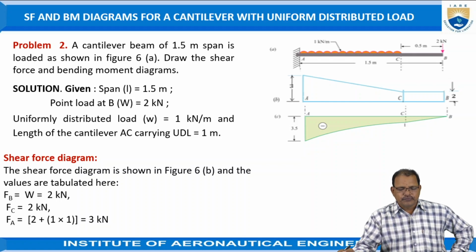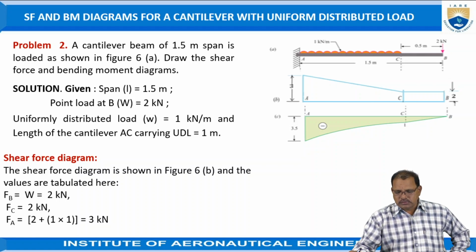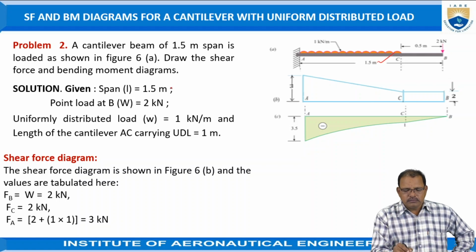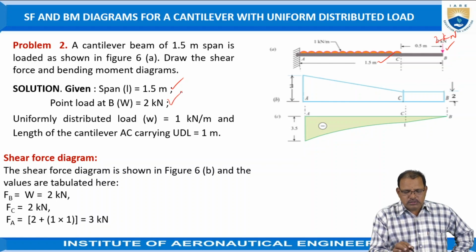One more problem. A cantilever beam of 1.5 meters span is loaded as shown in figure 6a. Draw the shear force and bending moment diagrams. The given data in the problem is the length of the span is equal to 1.5 meters. The point load at B is equal to 2 kilonewtons.